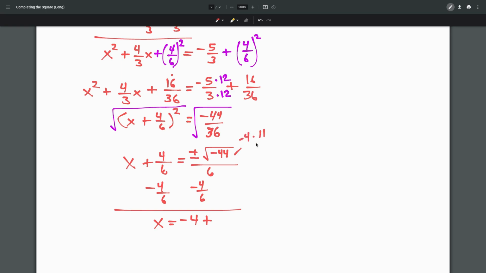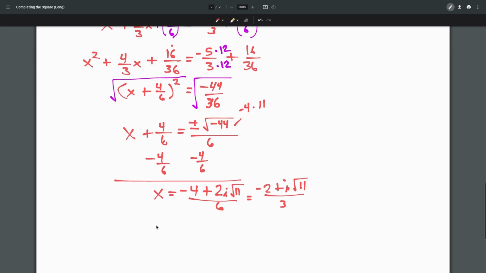If I take negative 4 out of the square root, it becomes 2i. So it's an imaginary number, because you can't take the square root of a negative number. So this becomes 2i square roots of 11 over 6, which simplifies into negative 2 plus i square roots of 11 over 3.